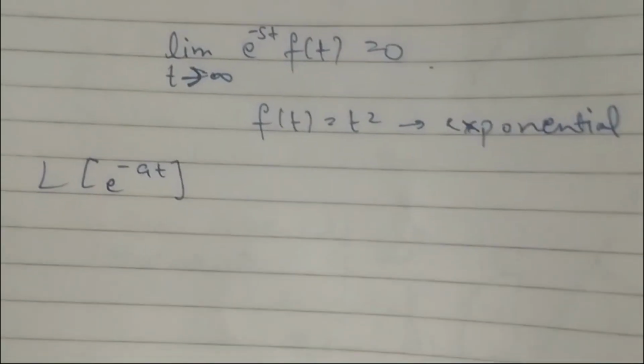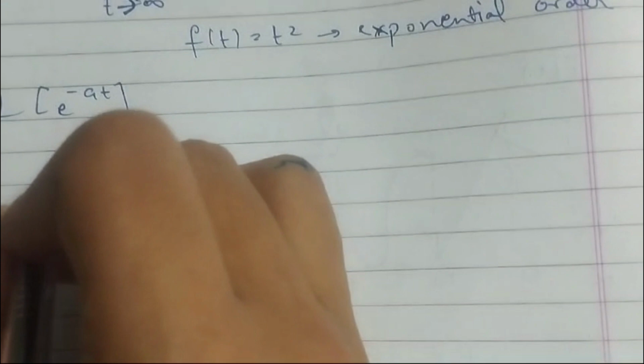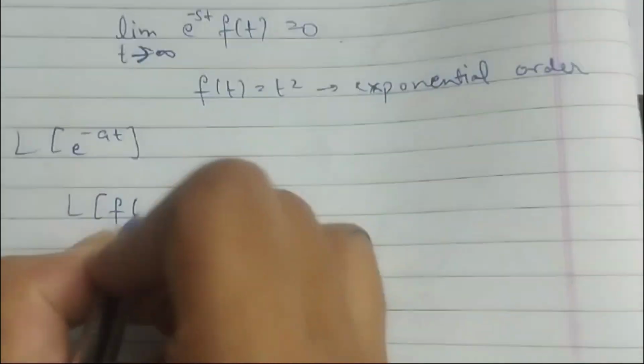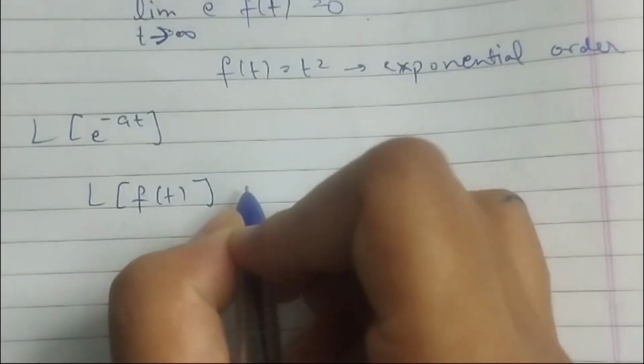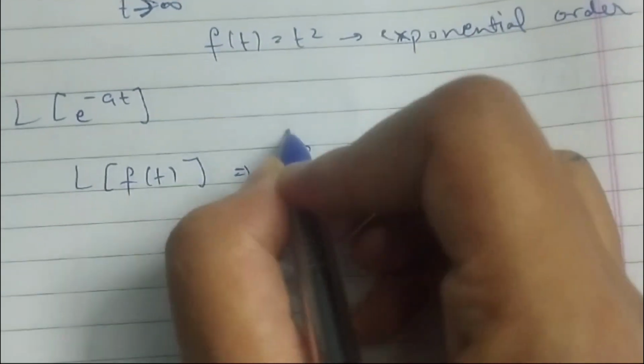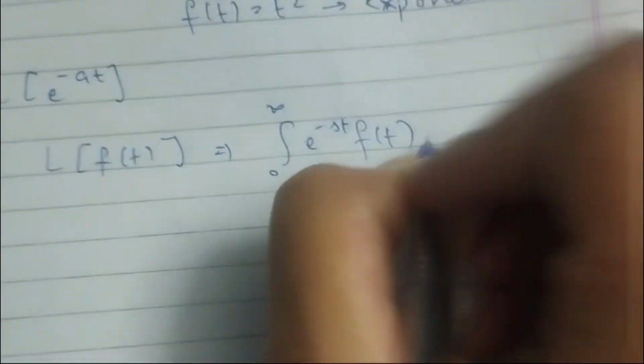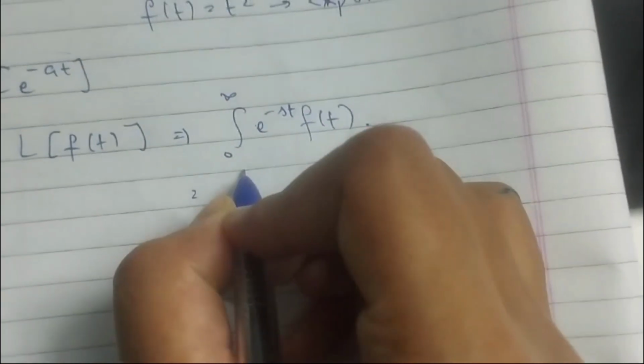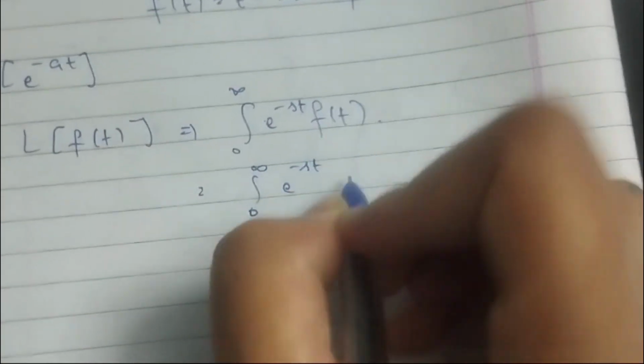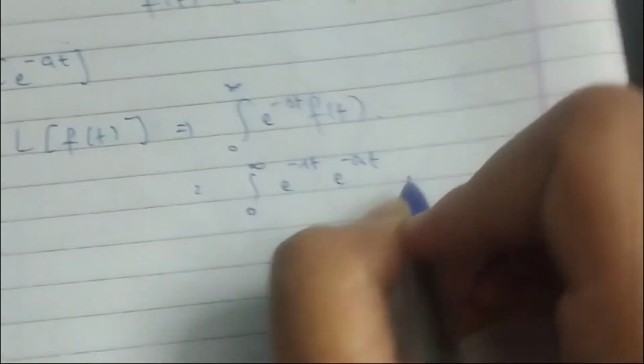So let's say we want to find the Laplace transform of e to the power minus at. So what is the definition? Based on the definition, the Laplace transform is the integral of e to the power minus st f of t, correct? So now here this is our f of t. So how do we find the Laplace transform? It would just be the integral of e to the power minus st e to the power minus at dt.